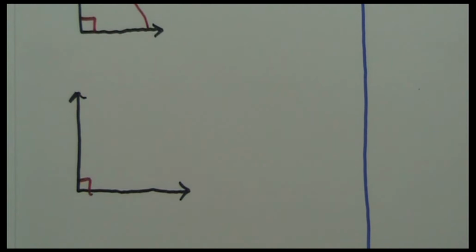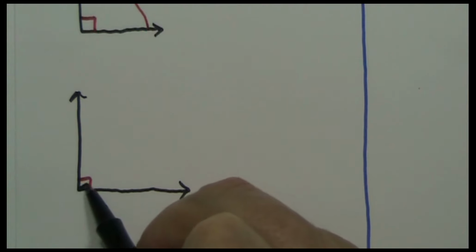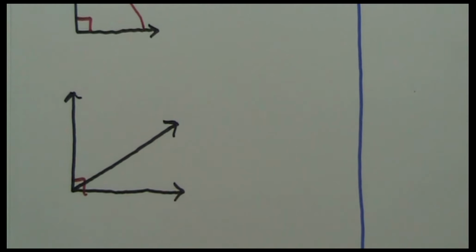And there are points on the line. Oh yeah, by the way, I'm going to put another line going through here, another ray, splitting it up.